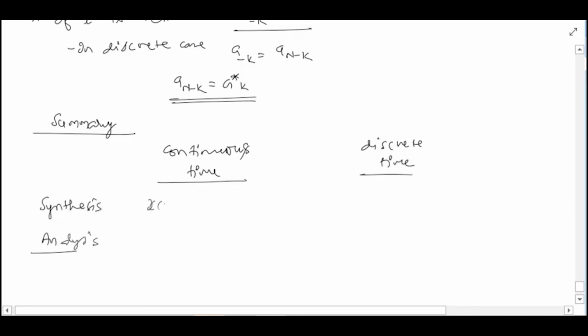Very quickly, what these equations are: x(t) is the sum over k equals minus infinity to infinity of a_k e raised to j k 2 pi over T small t. In the case of discrete time, it becomes x[n] equals the summation k equals 0 to N minus 1, or we can sum over any window, any interval of length N, a_k e raised to j k 2 pi by N small n.